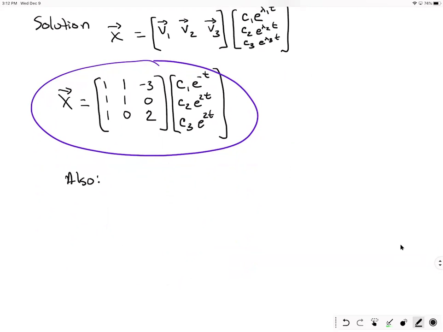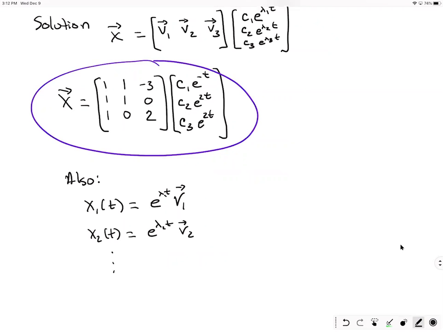You could write it out as x1 of t equals, this is the way I was taught to do it, e to the lambda 1 t times v1, and x2 would be e to the lambda 2 t times v2, and so forth.